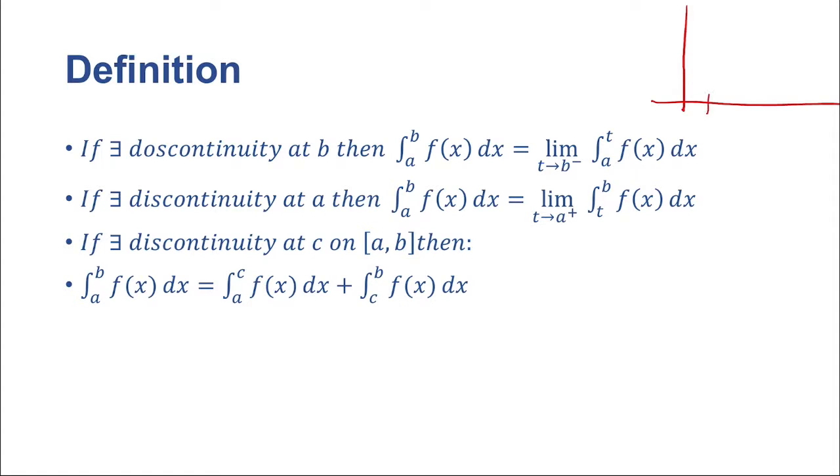We have A, we have B, we have something that looks like that. We want to integrate over that. Well, we are going to need to know what this evaluates to. It's usually going to be something infinite, so we need to be wary of what that is.